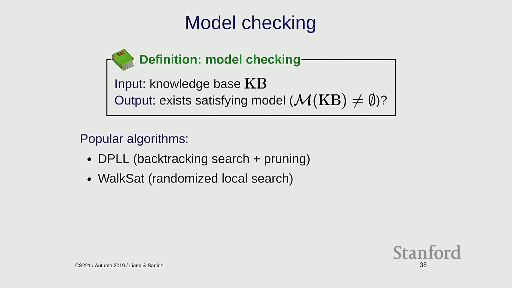There's something called DPLL, named after four people. And this is essentially backtracking search plus pruning that takes into account the structure of your CSPs, which are propositional logic formulas. And there's something called walksat, which is, the closest analog that we've seen is Gibbs sampling, which is a randomized local search.